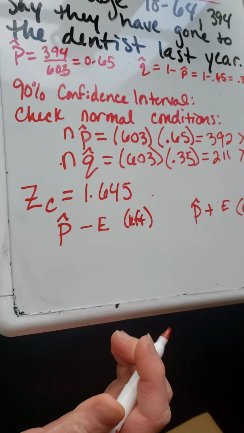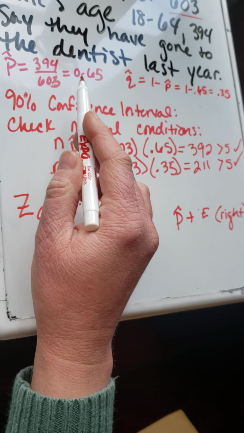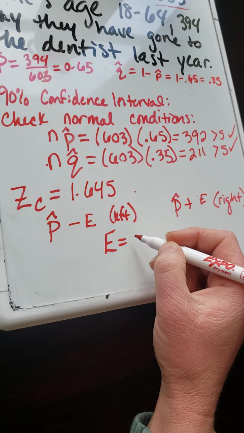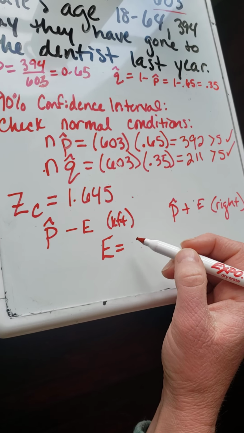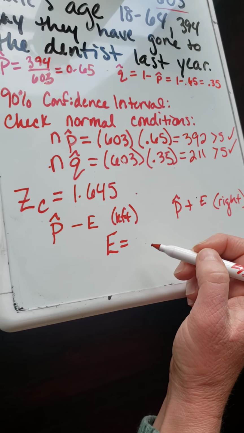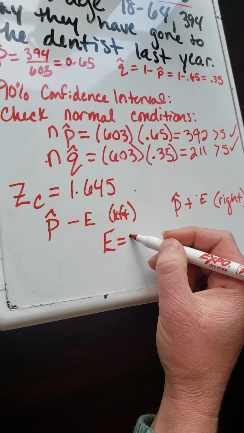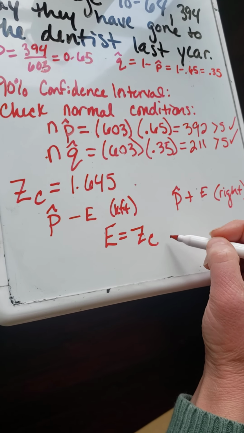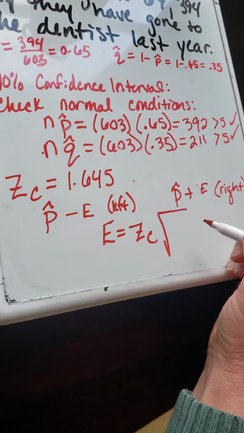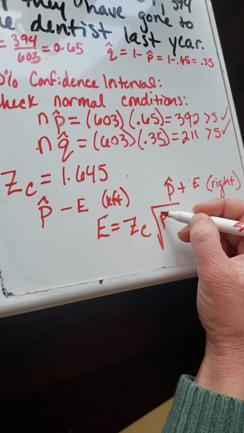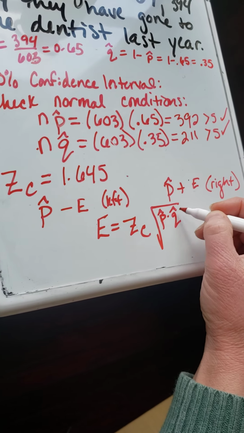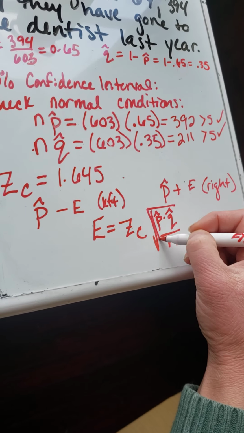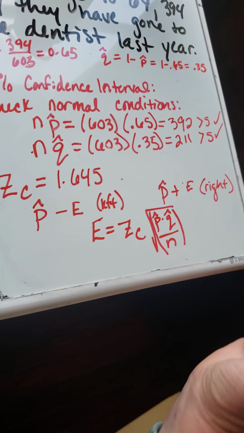Okay, so we know p hat is 0.65, but we have to calculate E. So E is the same formula as before, except we had made an adjustment for it being the proportion instead of the mean. So it's our critical value for z that has to do with the level of confidence that we want, in this case 90%, times the square root of p hat times q hat, all divided by n. So this is all underneath the square root here.